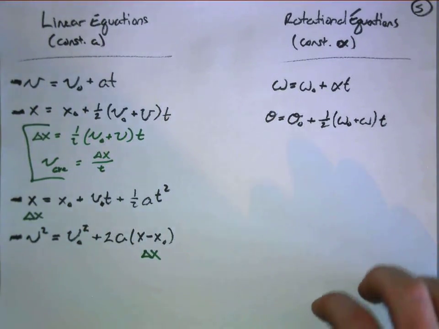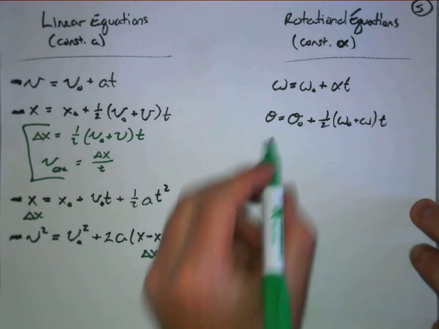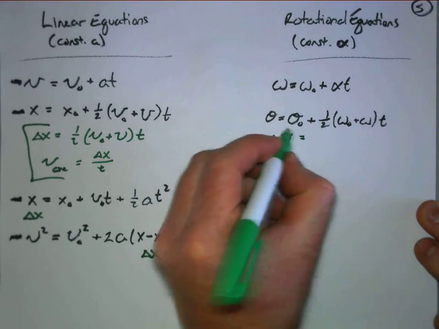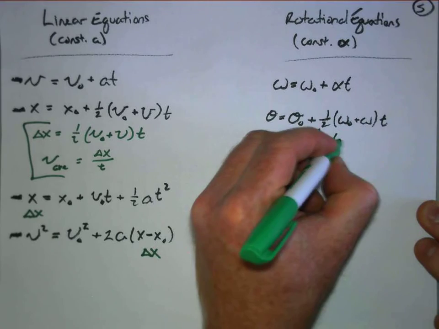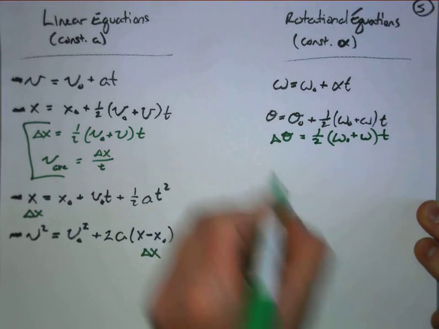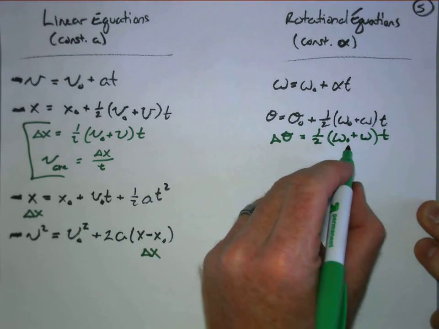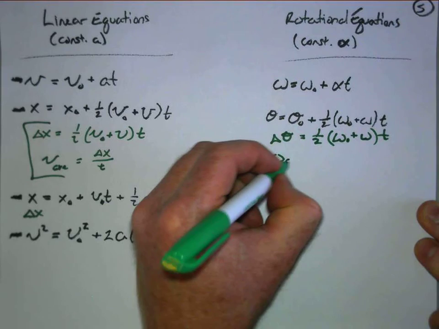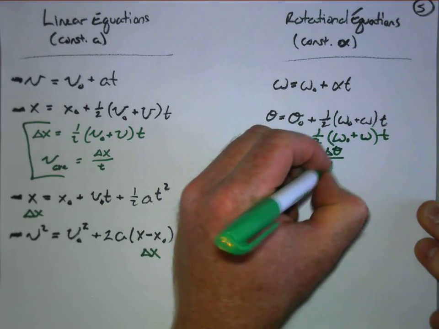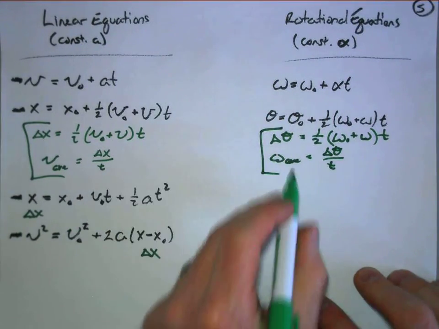And just like before, there's other ways I like to do this. Changing angular position is one way. And of course, this is just the average angular velocity. So you saw that equation previously, so I'm going to put these in brackets. This is not separate equations.